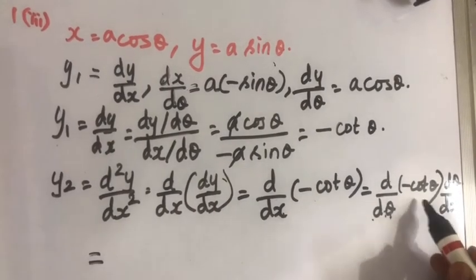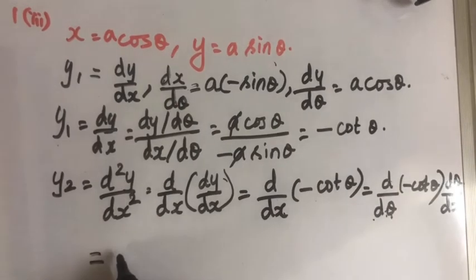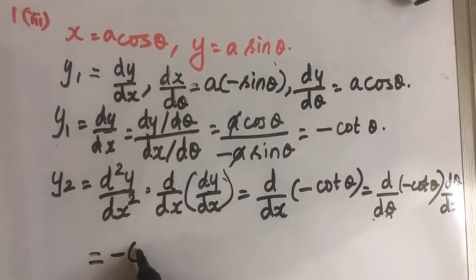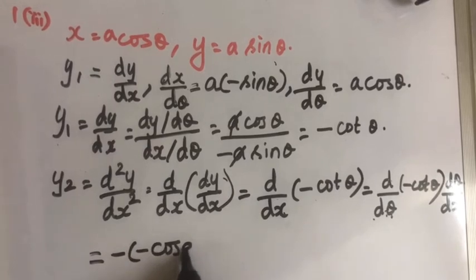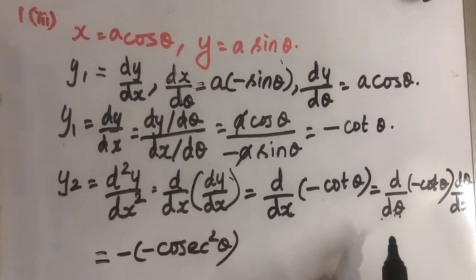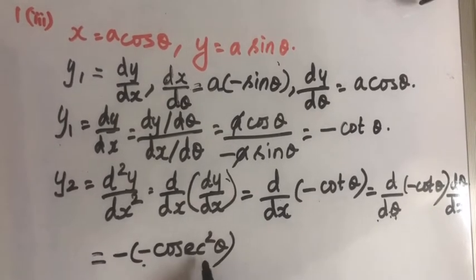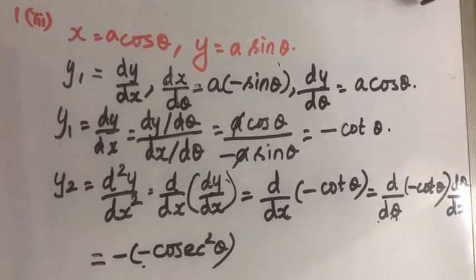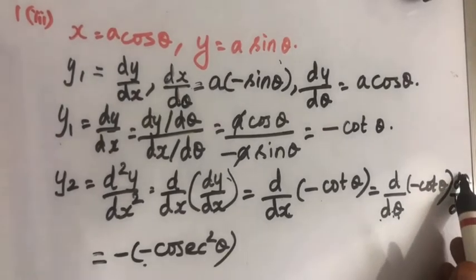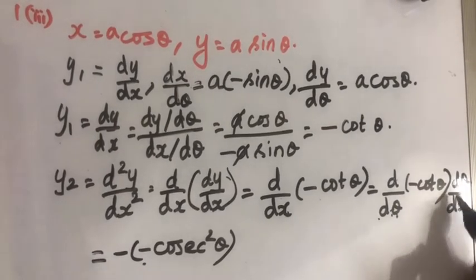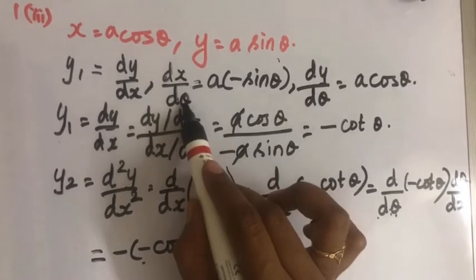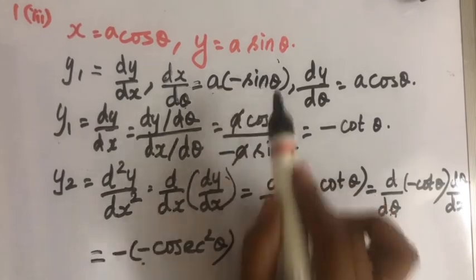What is the differentiation of cot theta? Minus of, differentiation of cot theta is minus cosecant square theta. Okay, differentiation of cot theta is minus cosecant square theta. Already we have a minus there. Into d theta by dx. What is d theta by dx? It is the reciprocal of dx by d theta. Dx by d theta is a into minus sin theta.